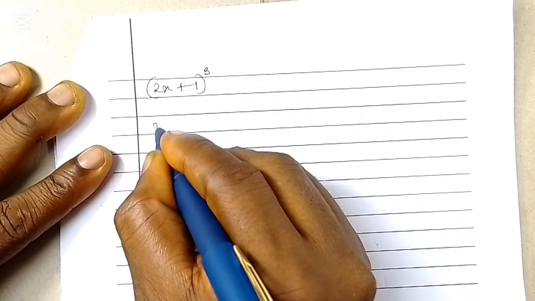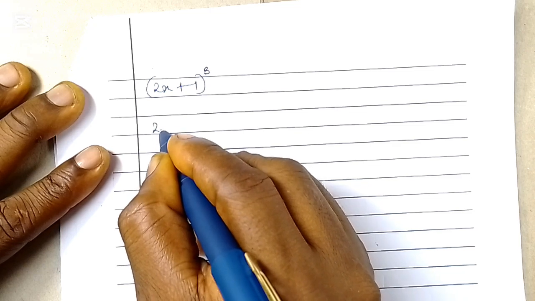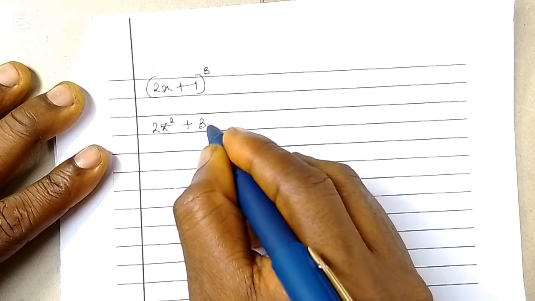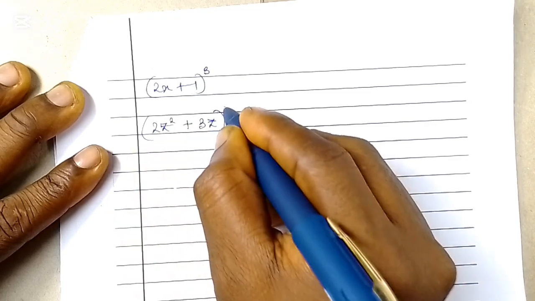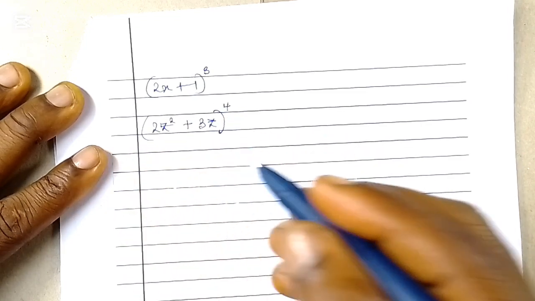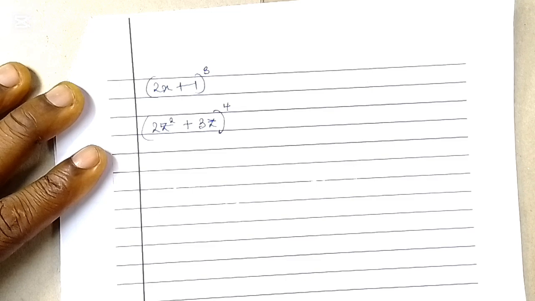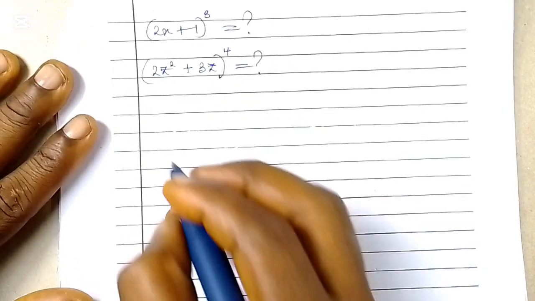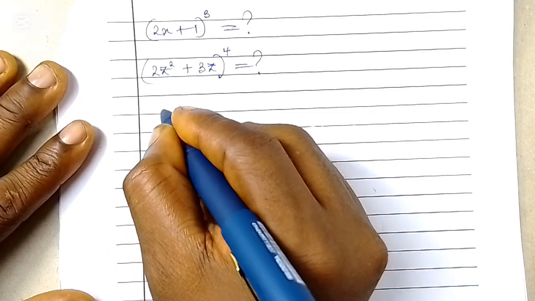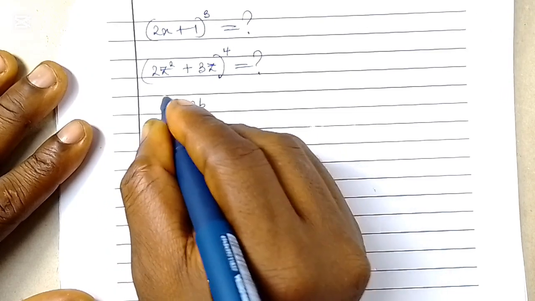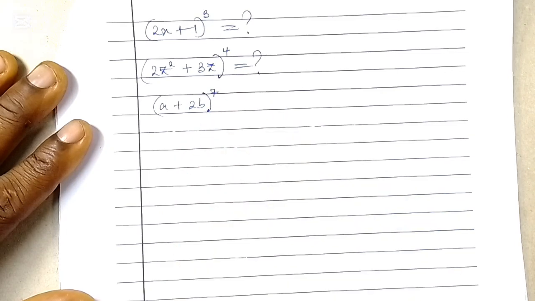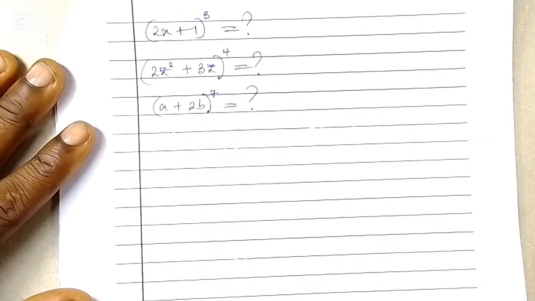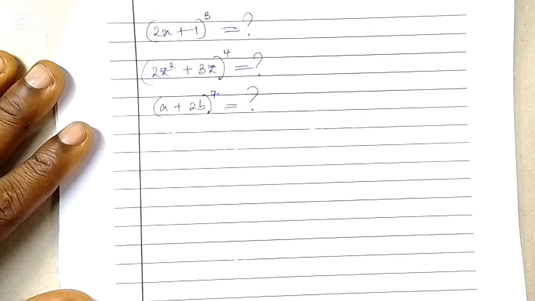Let's expand 2z squared plus 3z, raised to the power of 4, using Pascal's triangle. Finally, let's also expand a plus 2b raised to the power of 7 using Pascal's triangle. And this last example would show you what the disadvantage of Pascal's triangle is.